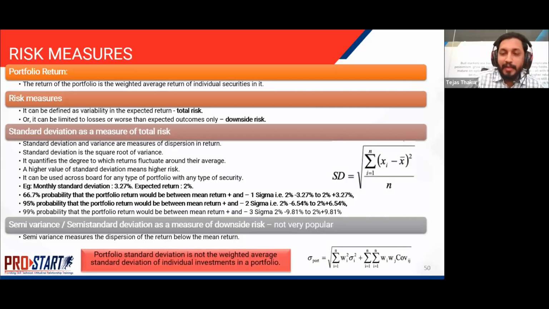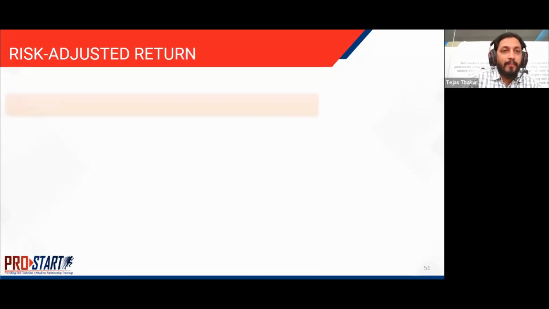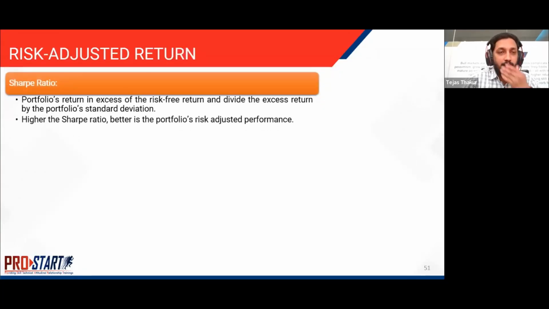This is the formula for standard deviation and variance. I assume that typically you will not find a test requiring you to calculate this on paper. Risk-adjusted returns: one of the famous tools used to calculate risk-adjusted measures is the Sharpe ratio.